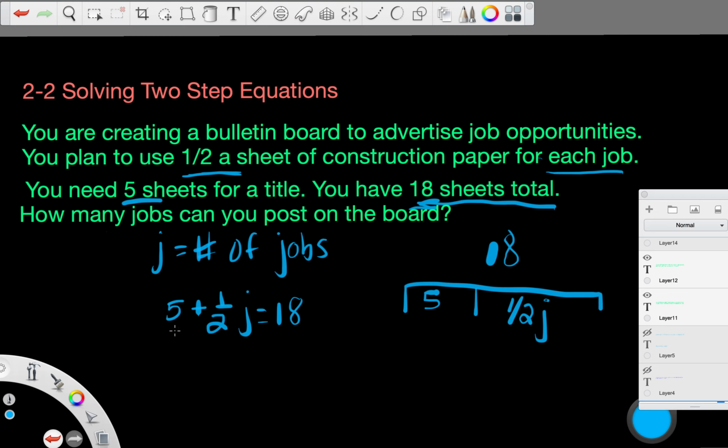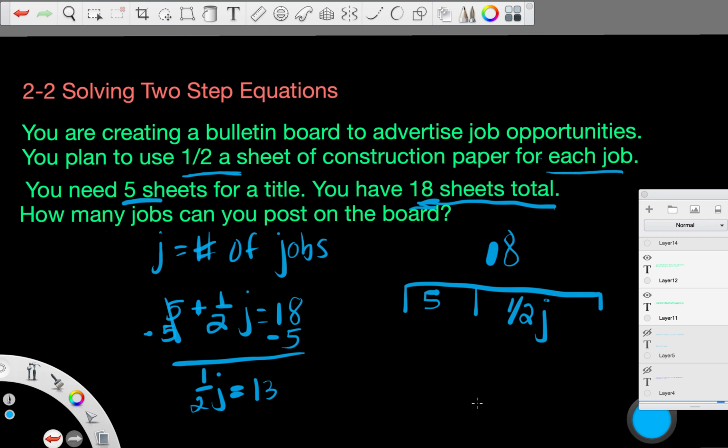Now we want to deal with the furthest thing first, so we want to deal with this 5. If there's nothing written in front, we know that it's positive. So in order to move it to the other side, we subtract from the left and then from the right. So I'm left with 1/2 j equals 18 minus 5, which gives me 13.